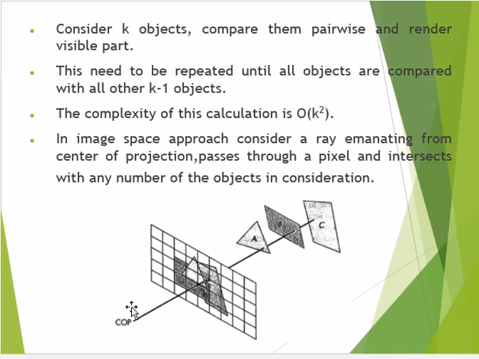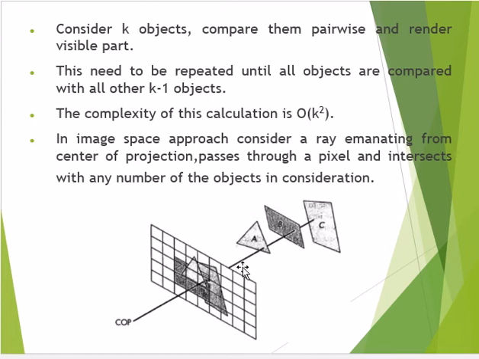If we go with K objects, then we must compare them pairwise and render the visible parts. This needs to be repeated until all objects are compared with all other K minus 1 objects. So this is the object approach.